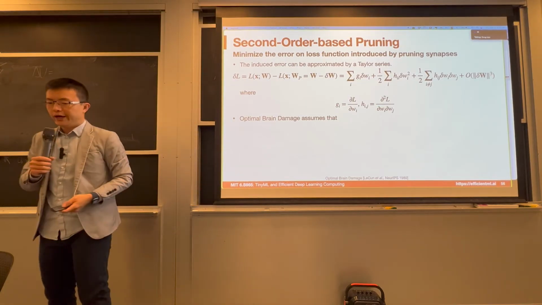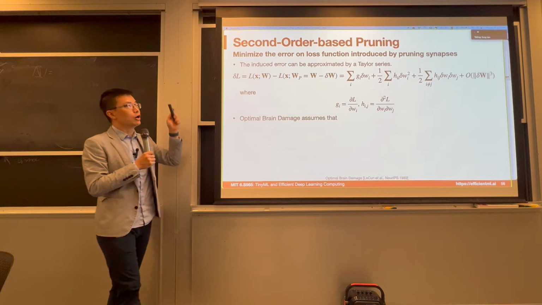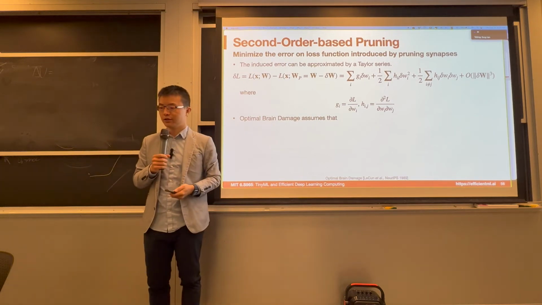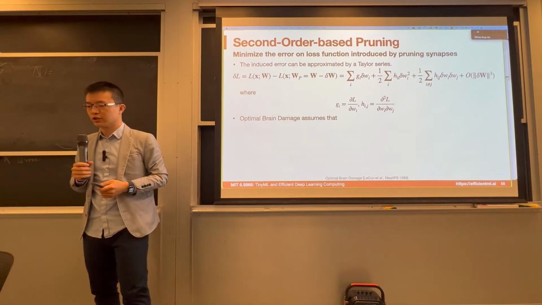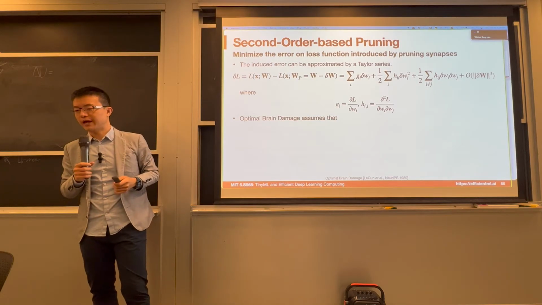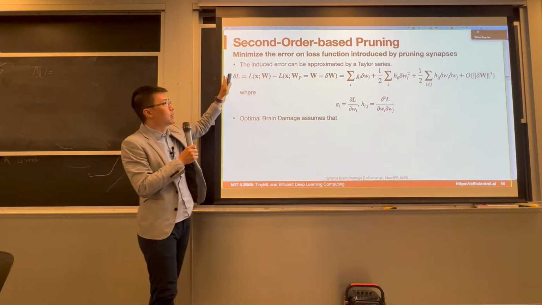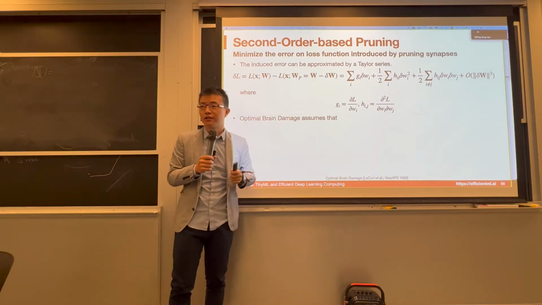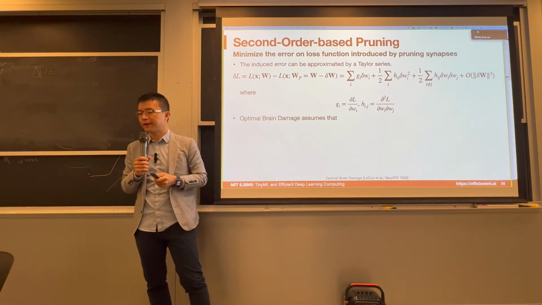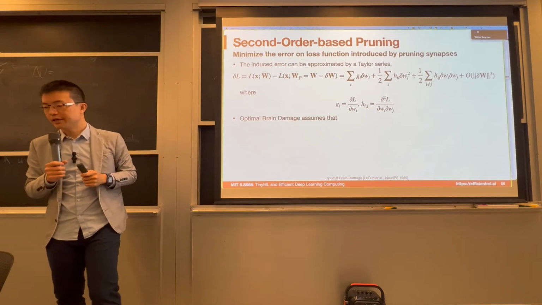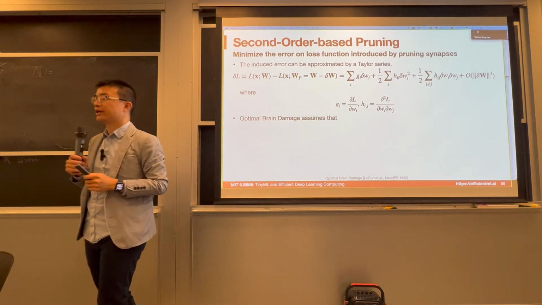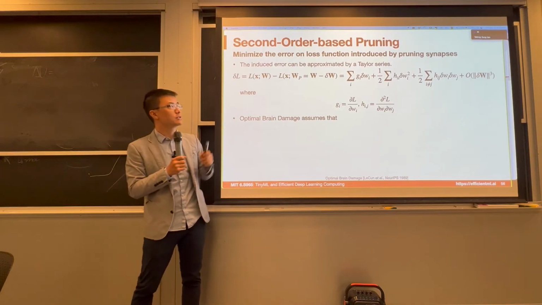There are also other approaches, like the second-order based pruning method, which we are going to visit with a little bit more equations. Hopefully you're comfortable with that. So we want to minimize the error on the loss function introduced by pruning. The introduced error can be approximated roughly by this Taylor series.